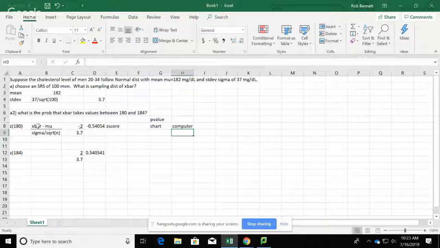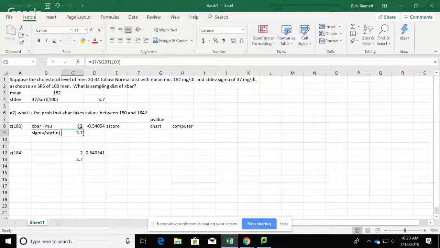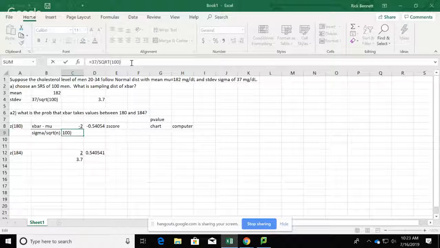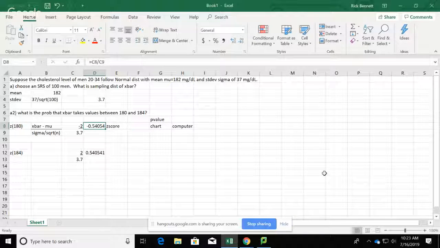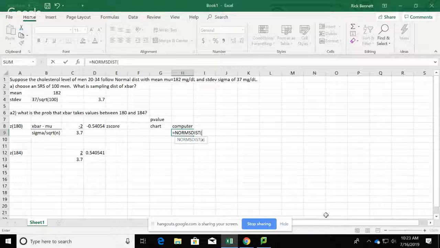I did the x bar minus mu, so I did 180 minus 182 divided by sigma, which was 37 over the square root of 100. That gave me negative 0.54, okay? So I'm trying to find this area in the middle, okay? In the computer, I'm going to use the command equals norm s dist of that number right there.